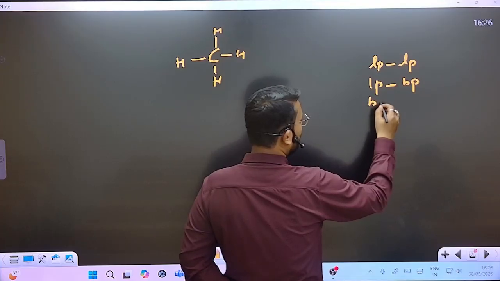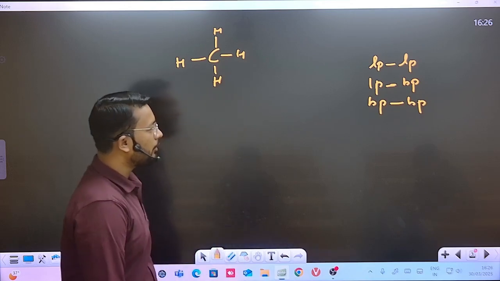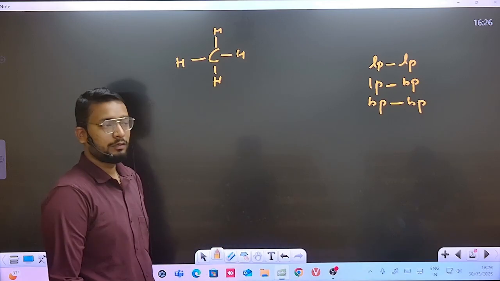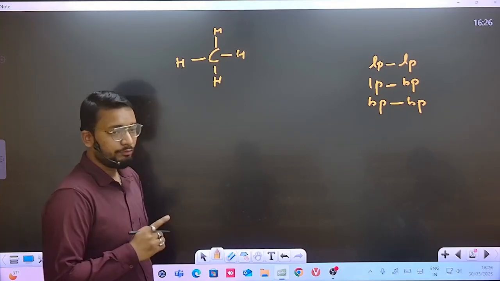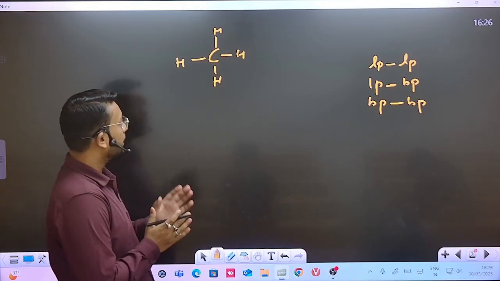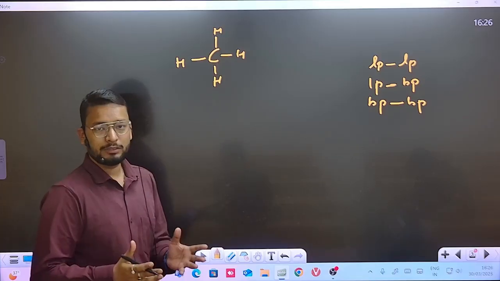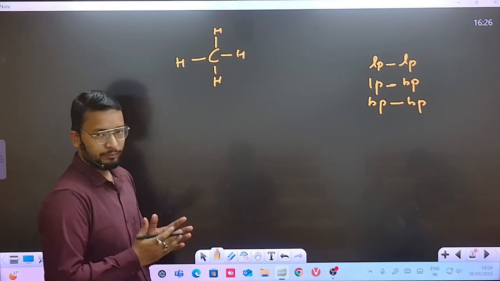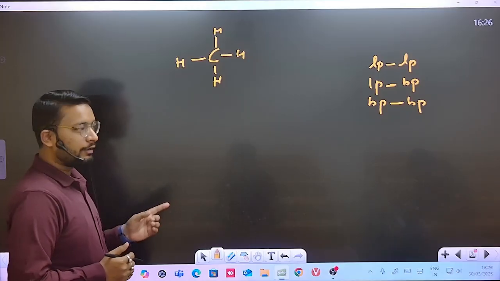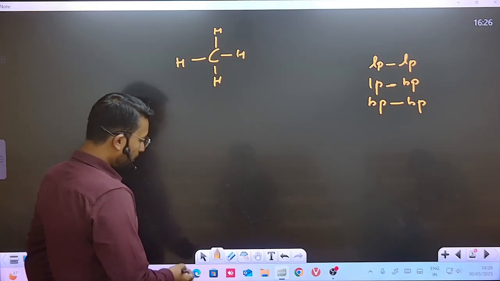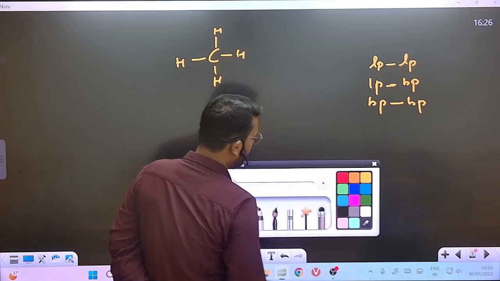And at last, bond pair and bond pair repulsion, which is minimum, but there is a repulsion. So the 4 hydrogens will attach to carbon in such a way that they attain the maximum distance possible. This geometry can only be attained in a tetrahedral structure.